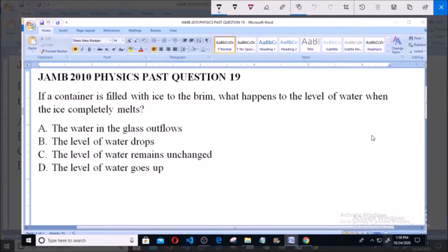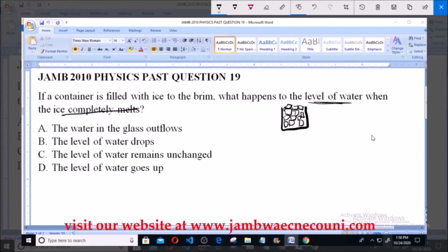So let's picture this scenario where you have a container filled with ice, let's say ice cubes, filled to the brim of the container with ice cubes. Now I ask, what happens to the water level when the ice completely melts? How will the water level be in the container?